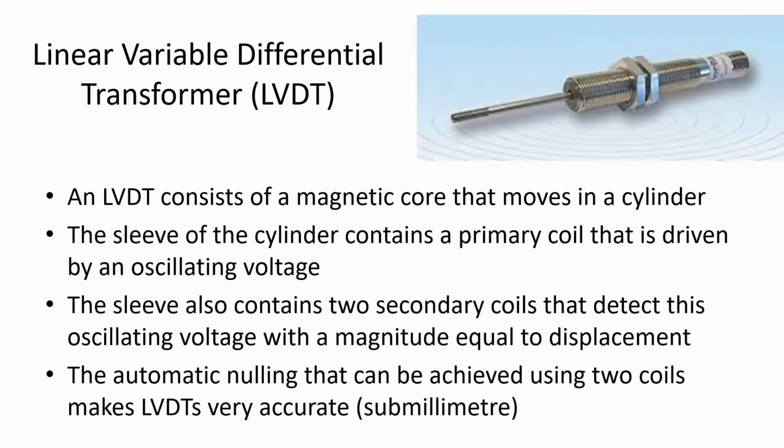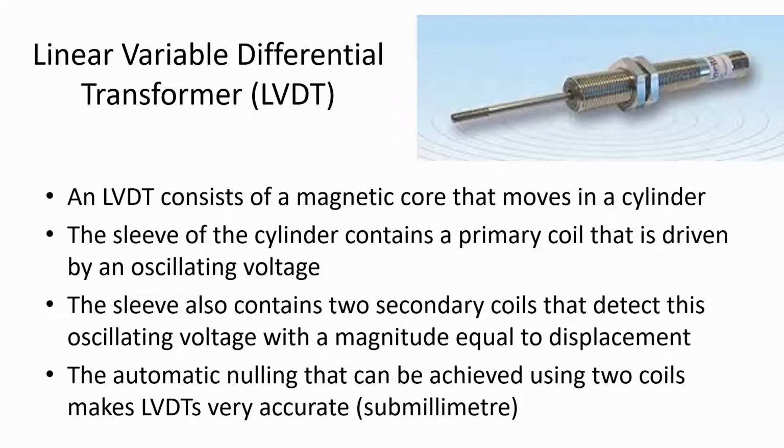Next is the linear variable differential transformer, or LVDT. An LVDT consists of a magnetic core that moves in a cylinder. The sleeve of the cylinder contains a primary coil that is driven by an oscillating voltage. The sleeve also contains two secondary coils that detect this oscillating voltage with a magnitude proportional to displacement.